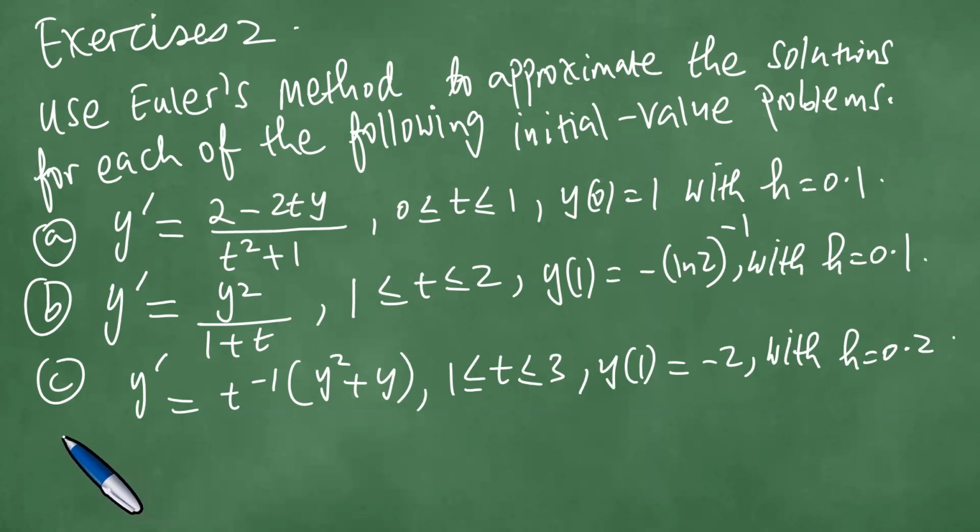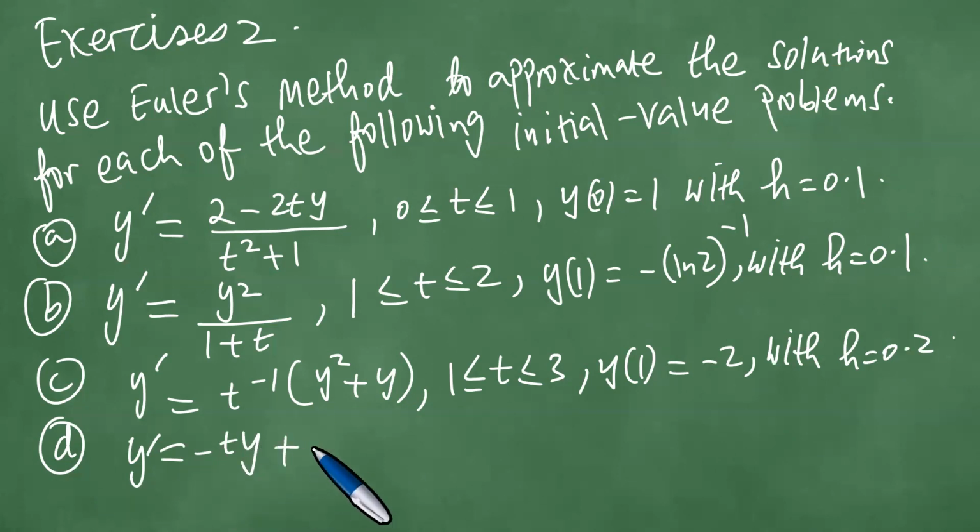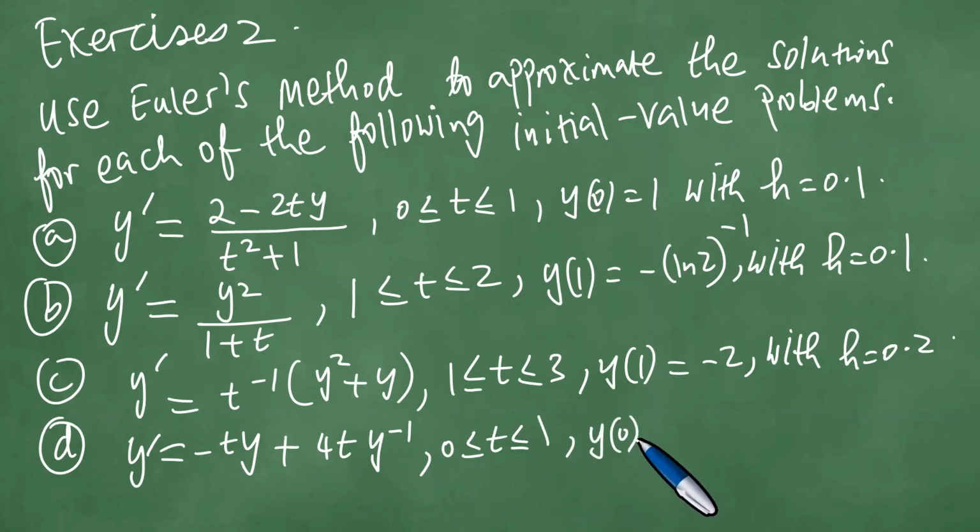All right, so let's have D. t y to the minus 1, t from 0 to 1, y at 0 is 1, with h 0.1.